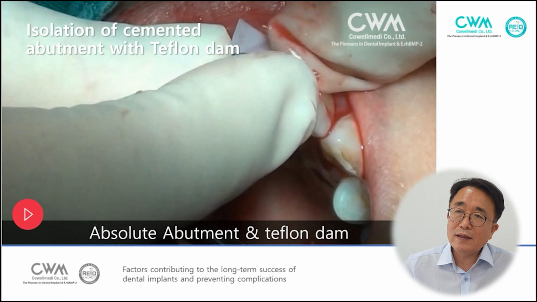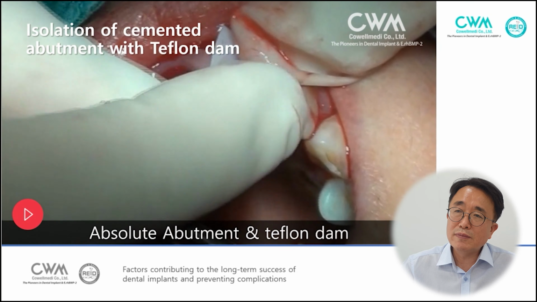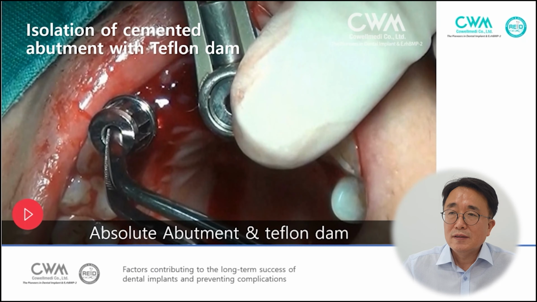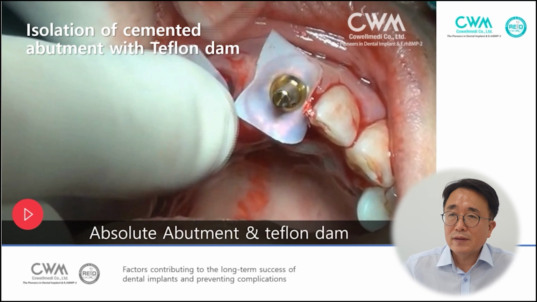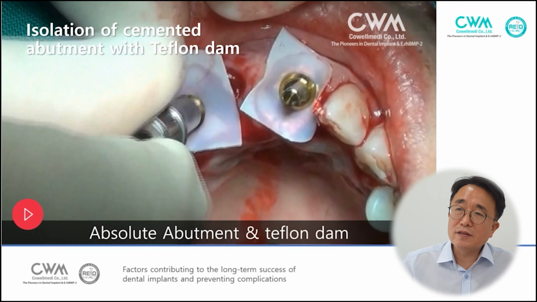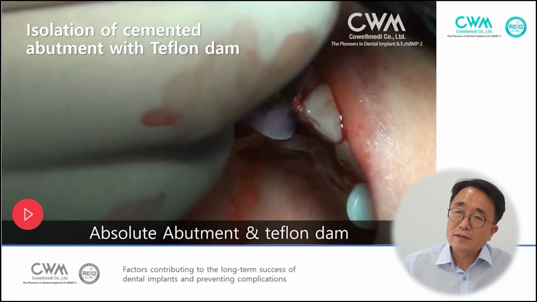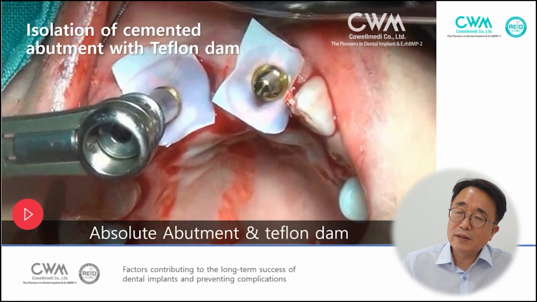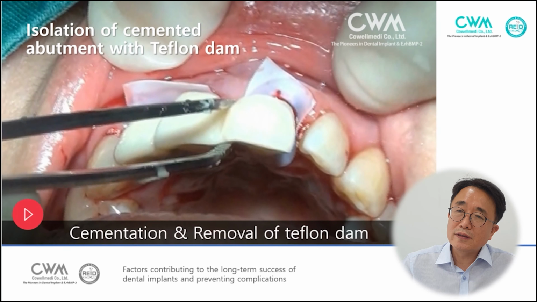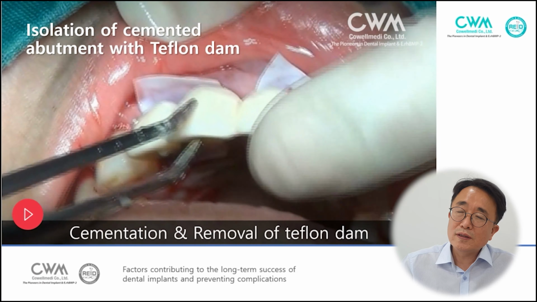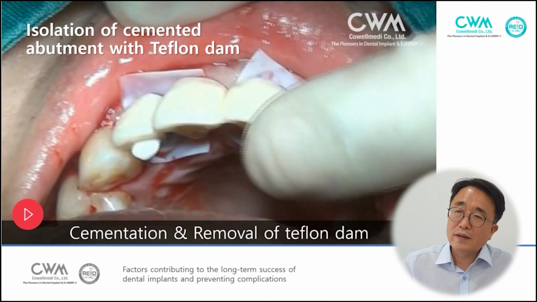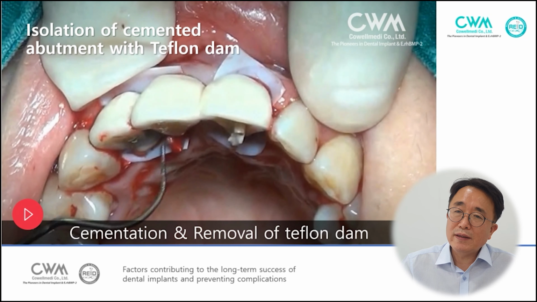Teflon or lava is punched, and the abutment is inserted into the hole, and the gingiva is retracted on the abutment margin, and you insert the provisional restoration and remove cement.